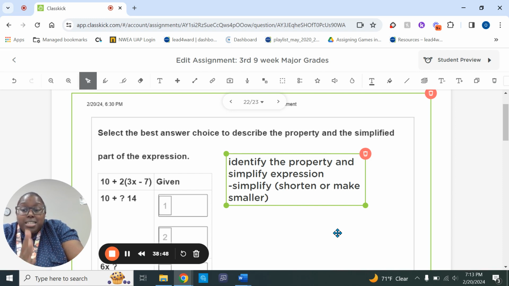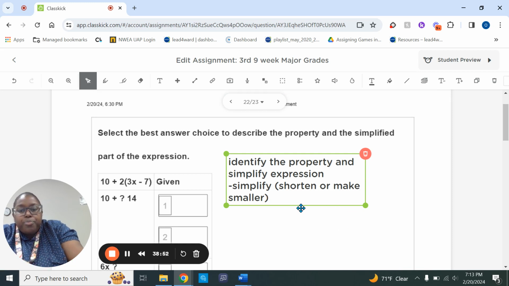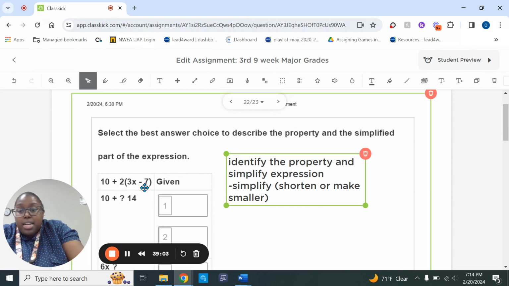The value is the same. You're making the numbers smaller. But if you don't know all the numbers, then all you can do is shorten it to very simple terms, but you can't solve it. And in the case of this one, since we do have a variable, we're not going to be able to solve anything, but we can make this shorter than what it is.